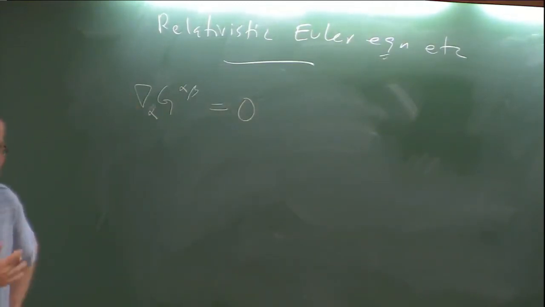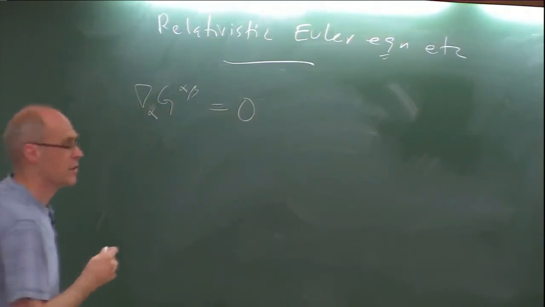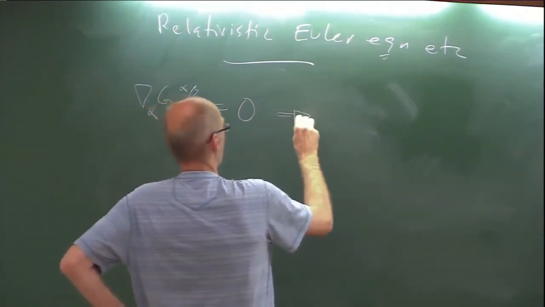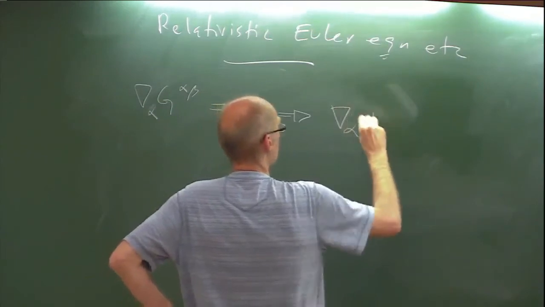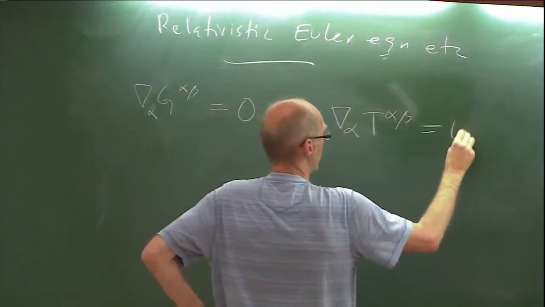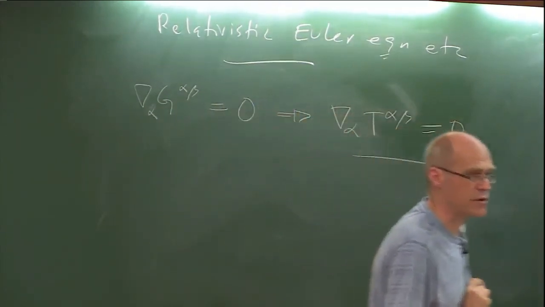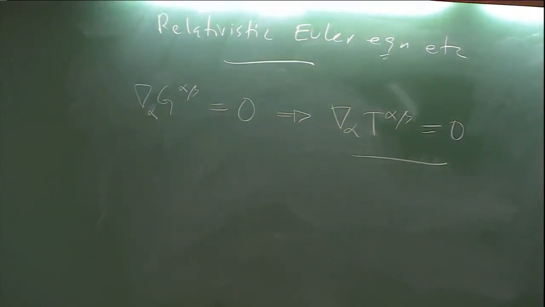It's constructed in such a way that it has no divergence. And therefore you know that the stress energy tensor, whatever it is, has to be divergence free. Because it sits on the right hand side, so if you kill the divergence on the left hand side of the Einstein equations, the right hand side has to go.